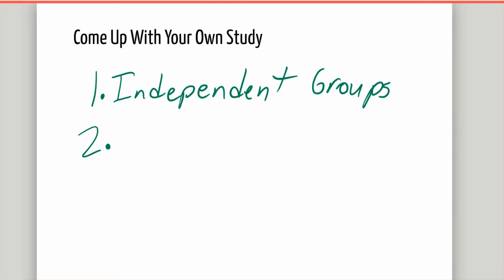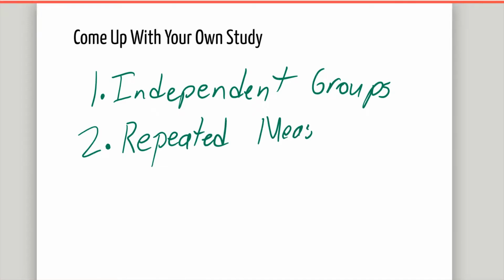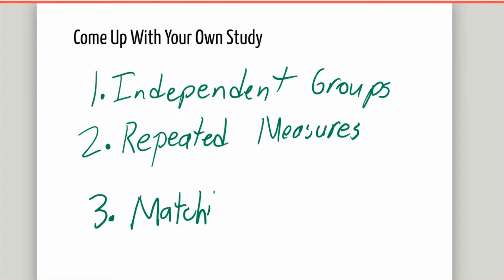Second, I want you to come up with a repeated measures paired design. Then last, I want you to come up with a matching pairs design. How can we think of a way to make partners related to each other?